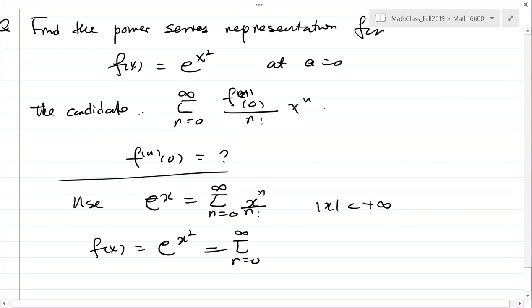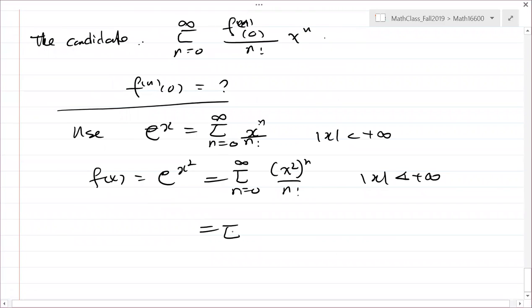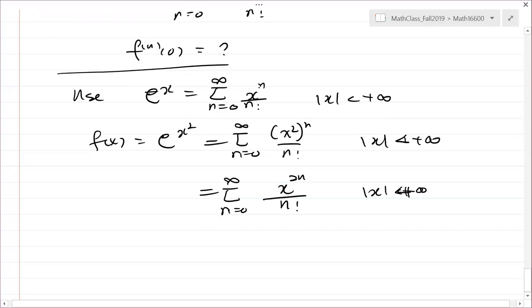Just replace x by x squared. So it is going to be the sum of x squared to the n over n factorial. That's it. Simple. And this is a power series. It's not only equal to that, it's convergent to the function. Just one step.